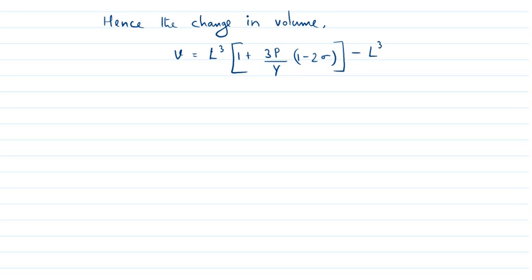This term will be the change in volume. L cube is the original volume, so the change in volume we get by the new volume minus the original volume. L cube will cancel, and we will get 3P divided by Y, L cube, 1 minus 2 sigma. This is the term.